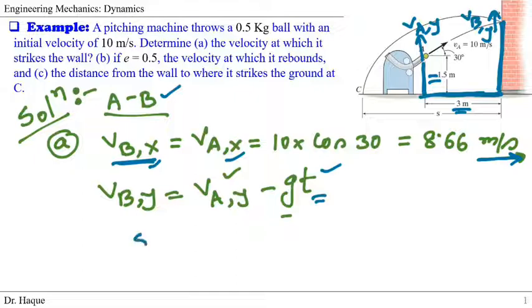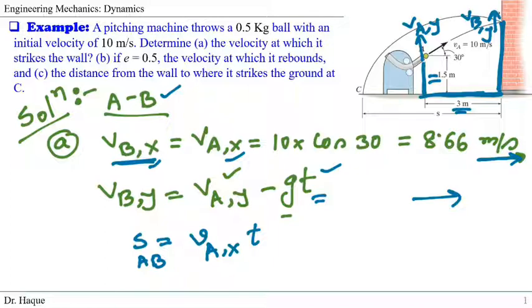S, we say S A to B, S equals UT, or VAX into T. Why? Because the x component of the velocity in a projectile motion never changes over time, since there is no acceleration or deceleration in the x direction.